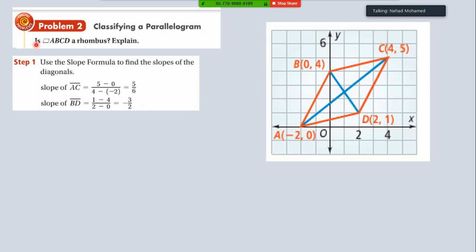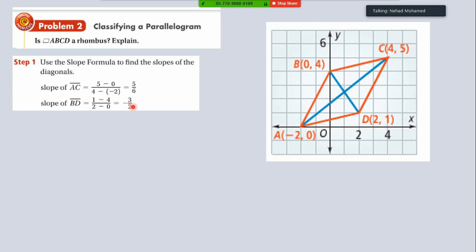As you said, Muhammad, the slope of AC and the slope of BD. One of them is 5 over 6 and the other is negative 3 over 2.